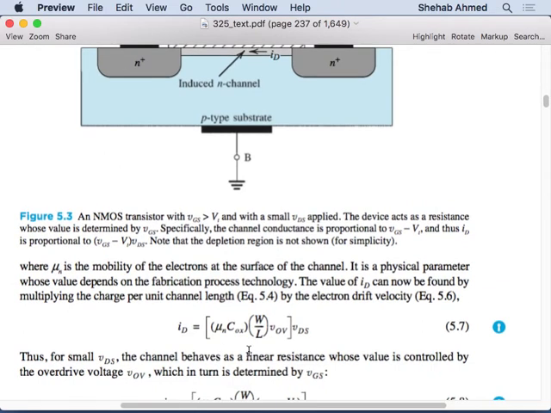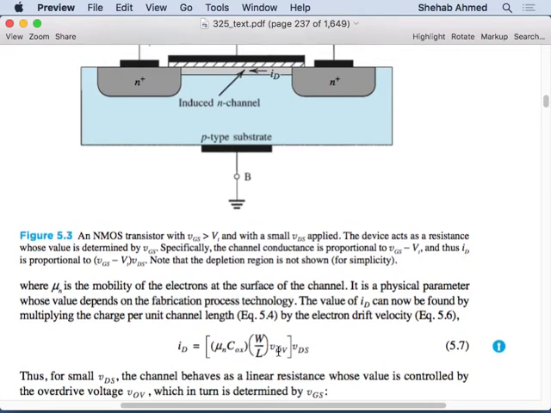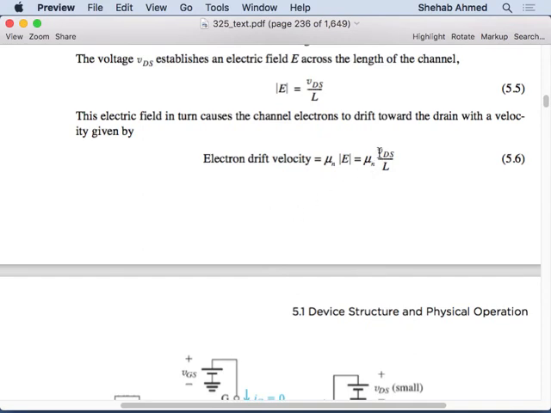So now current is equal to what? Current is equal to the mobility times COX, this capacitance that we created, times W divided by L, because this capacitance and mobility we calculated per unit length, right? And then multiplied by the overdrive voltage, and all of that was due to the fact that I've applied my external electric field, which was due to VDS, right?